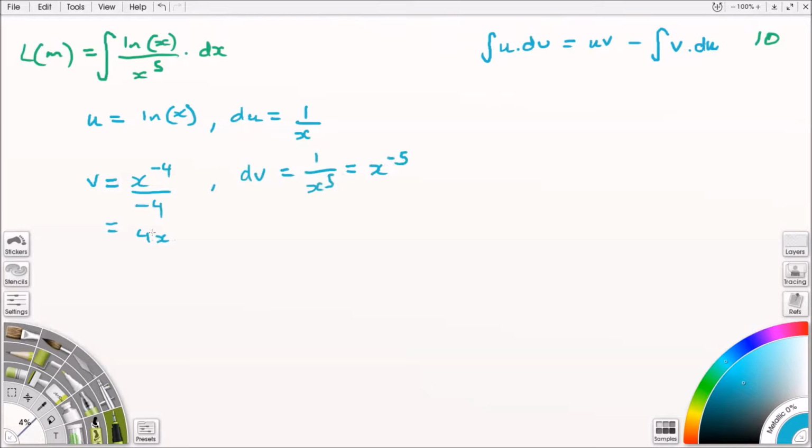I could not write in a messier manner. Let's try that again. So v is equal to x to the negative 4 over negative 4, which equals, this will be better, negative 1 over 4x to the 4.